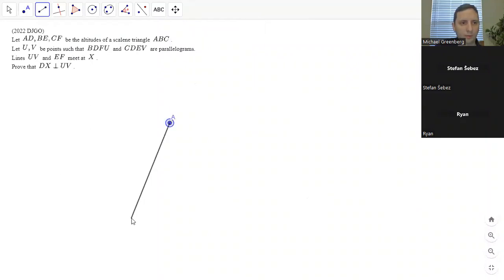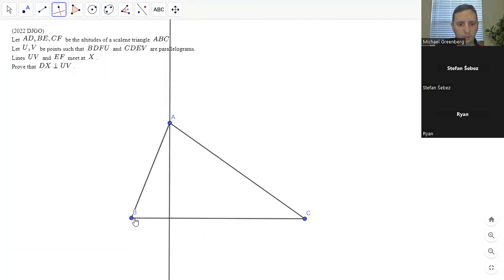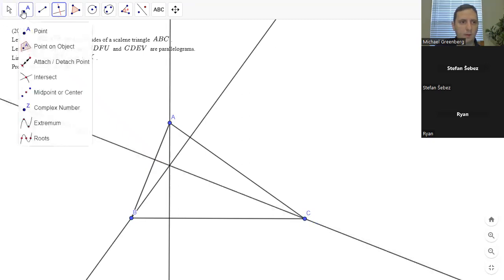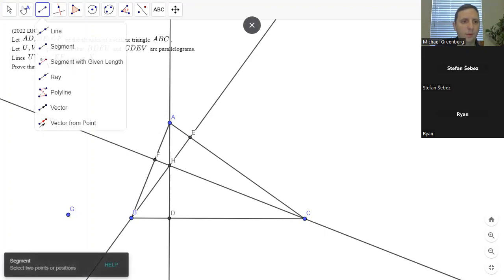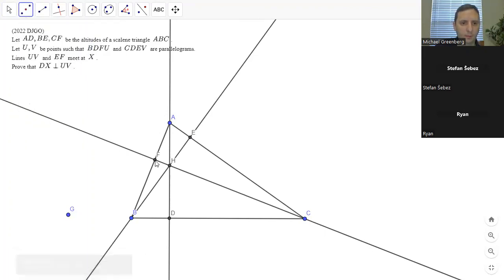So you have the three altitudes, AD, BE, CF. And we draw parallelograms. D, E, F, and H the orthocenter. So BDFU is a parallelogram, and CDEV.